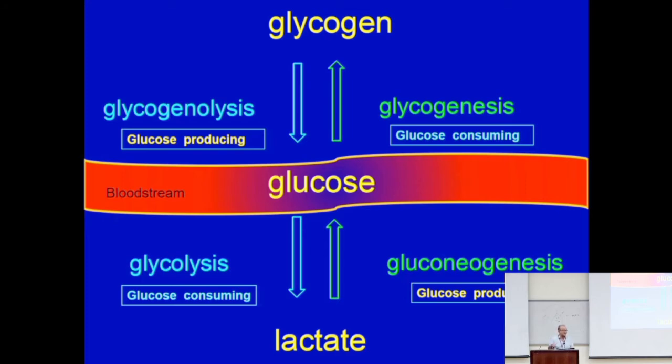Don't your muscles need to maintain some tone? Actually, these two processes occur all the time, especially when you are without a meal for a few hours, and during sleep. So as you can see, there's a balance between glucose consumption, which usually occurs in a well-fed state, and glucose production, which occurs in a fasting state.